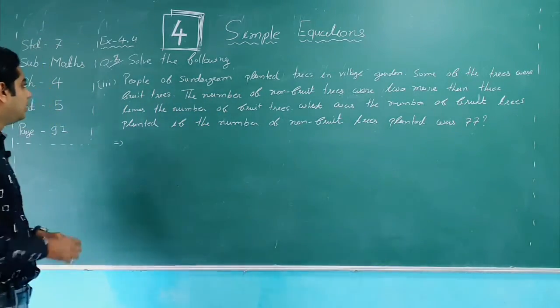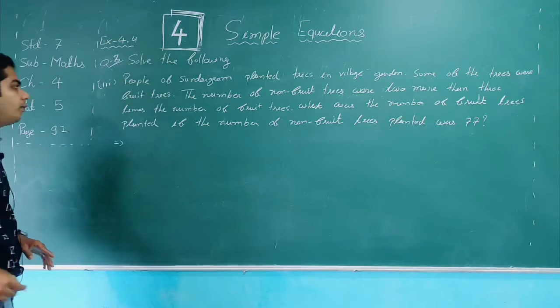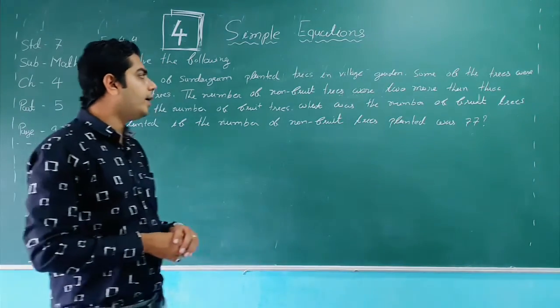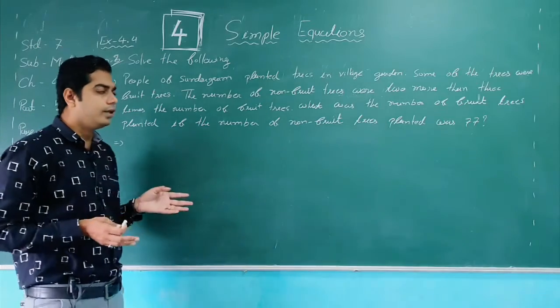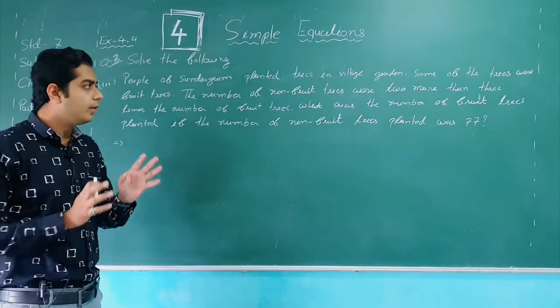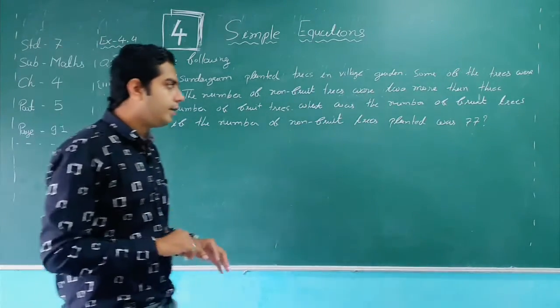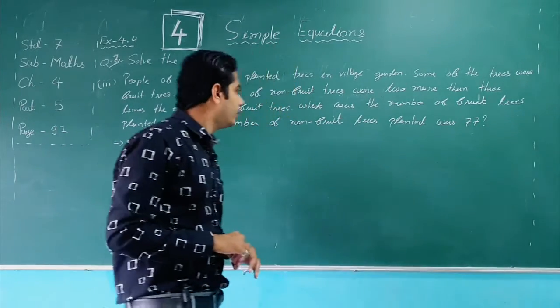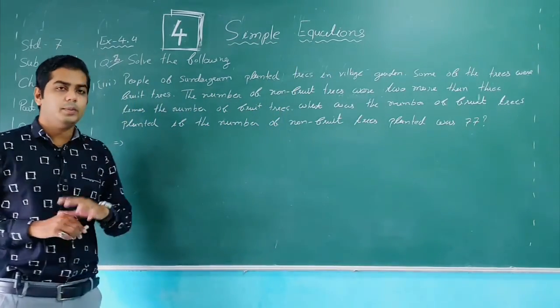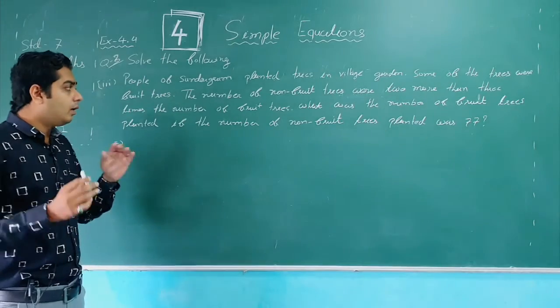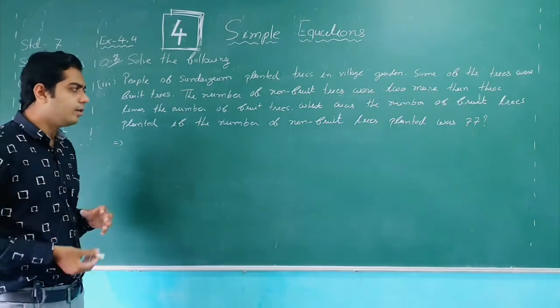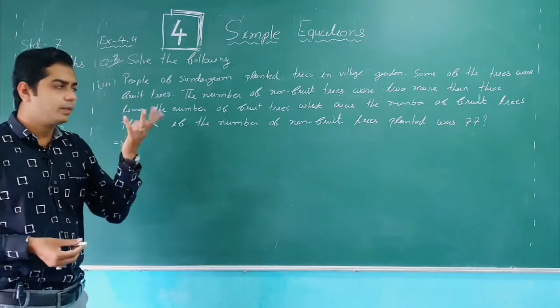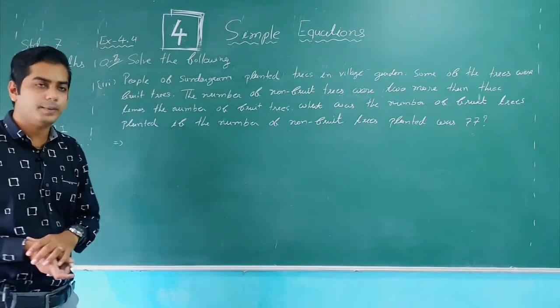So first of all, read this. People of Sundargram planted trees in the village garden. Some of the trees were fruit trees, meaning trees that bear fruit, and the rest were non-fruit trees, meaning they do not bear fruit, like neem.